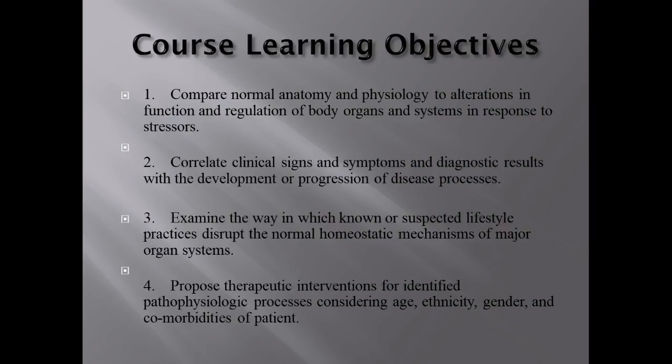Number 3, examine the way in which known or suspected lifestyle practices disrupt the normal homeostatic mechanisms of major organ systems. And number 4, propose therapeutic interventions for identified pathophysiologic processes considering age, ethnicity, gender, and comorbidities of the patient.